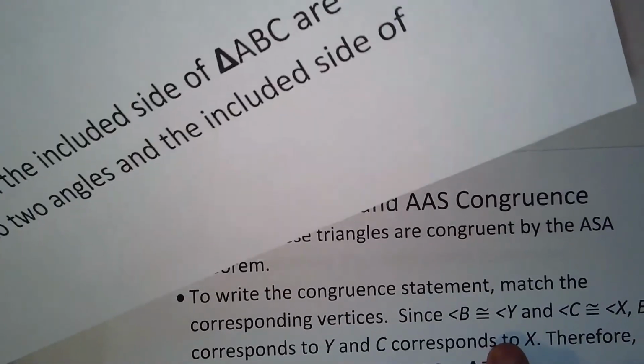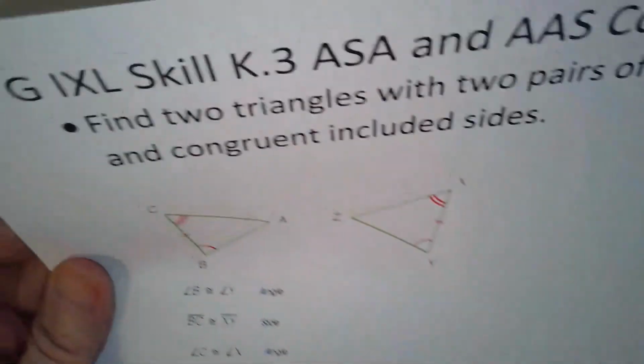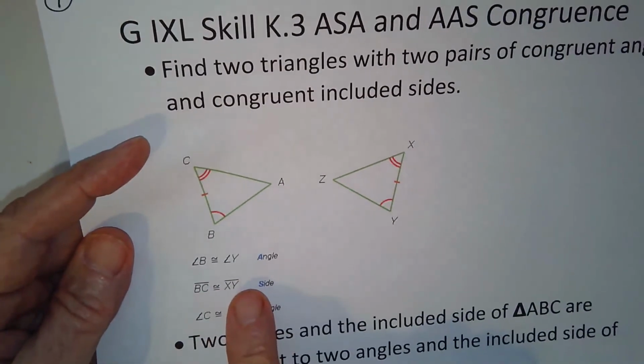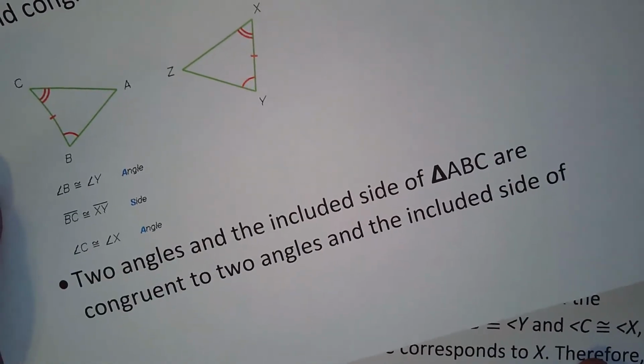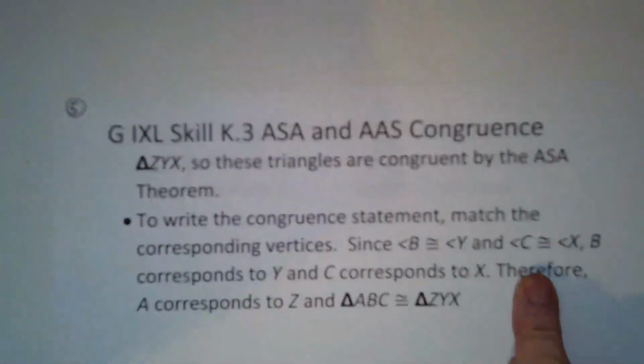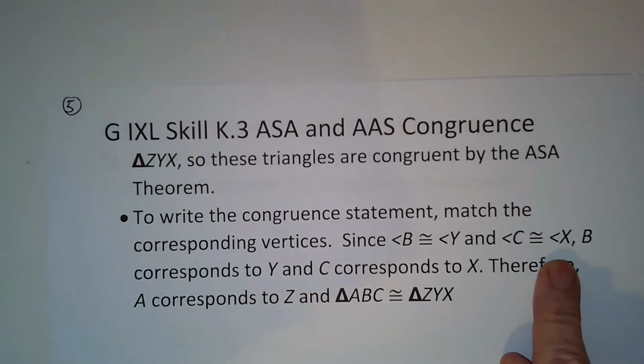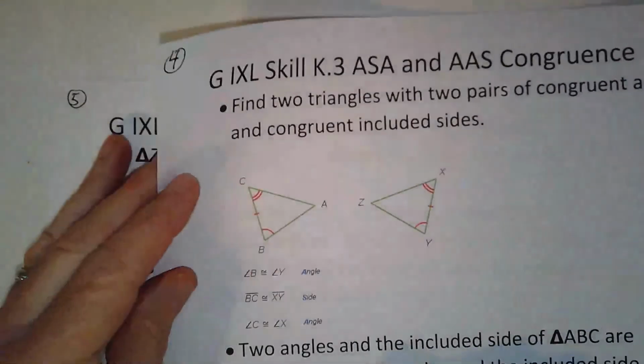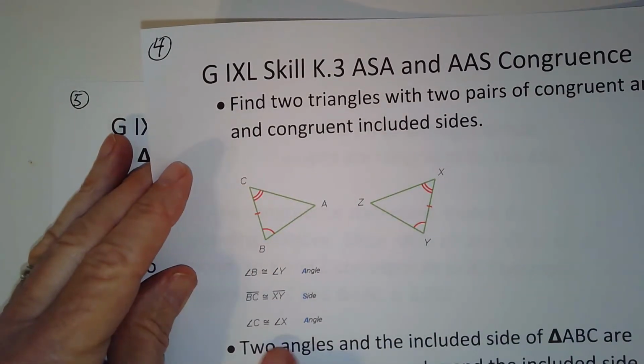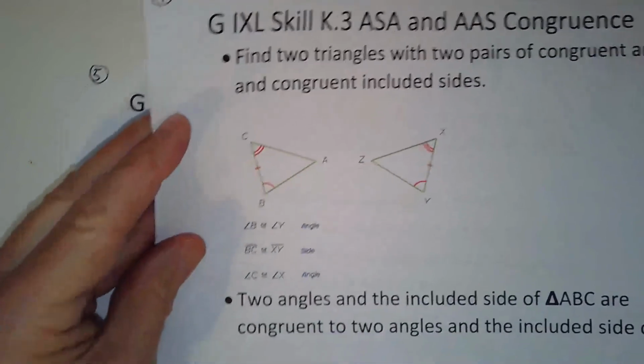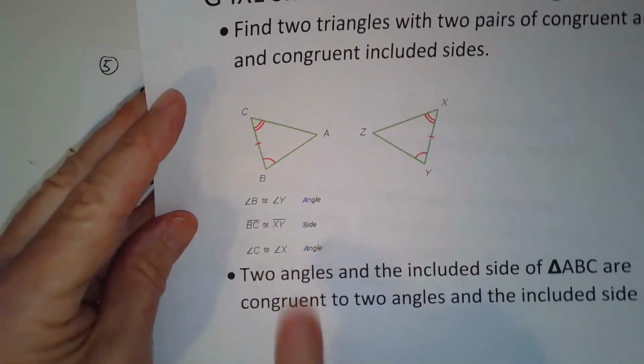Angle B is congruent to angle Y. Here's angle B. Angle B is congruent to angle Y. And then they say angle C is congruent to angle X. And here is angle C is congruent to angle X. Get it up higher so you can see it better.